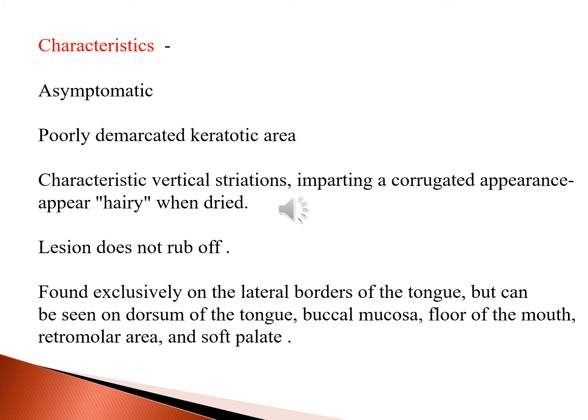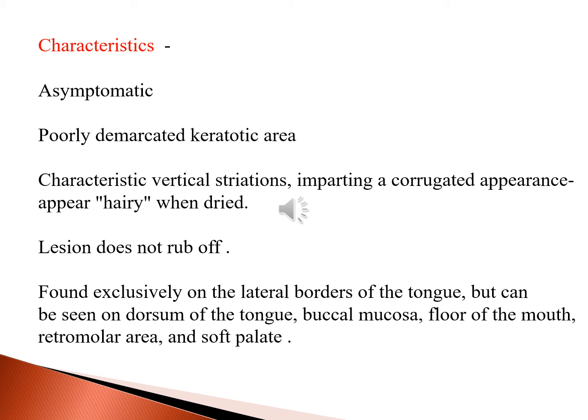Some of the characteristics of this lesion are that they are mostly asymptomatic. They represent poorly demarcated keratotic areas on the tongue, and they have characteristic vertical striations, a corrugated appearance. When dried, they show a hairy appearance, and these lesions will not easily rub off.